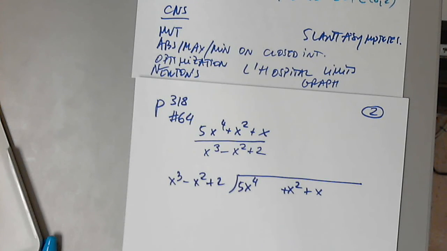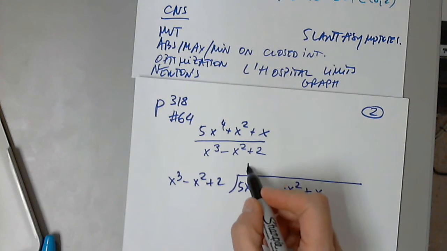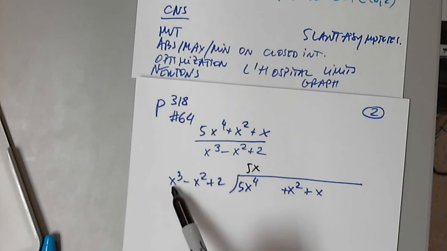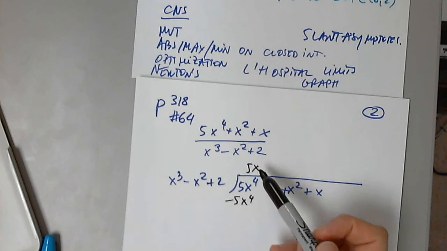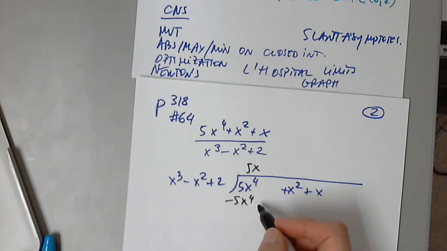So now make sure that the quotient is a linear function. So x cubed times what is 5x to the fourth? 5x, right? Good. So 5x times x cubed is 5x to the fourth. 5x times negative x squared is negative 5x cubed.